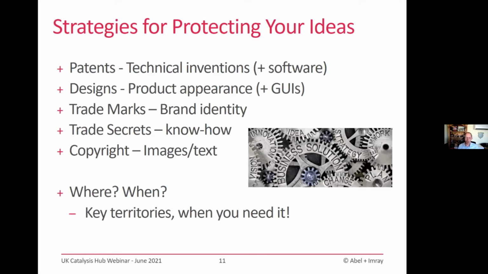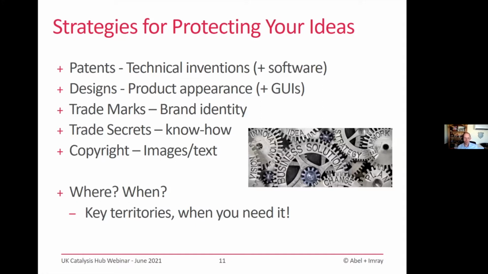And that is true, but the nuance to it is that if the software does something technical, if it gives some kind of improvement outside of the software itself, if there's some problem that it's solving, then that problem being solved may well be an invention that is protectable. So it is worth keeping in mind what software is doing if you're working in that sort of area.